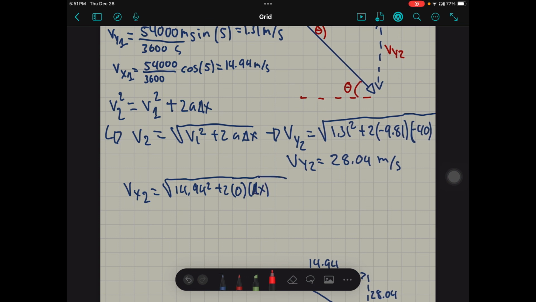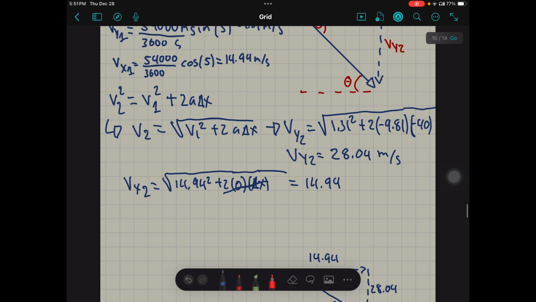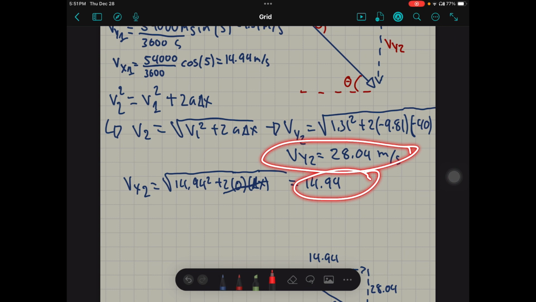Because we're multiplying by this 0, this whole thing cancels out. So when we get rid of the square and the square root, our answer is just 14.94. From there, we have our x velocity and our y velocity.